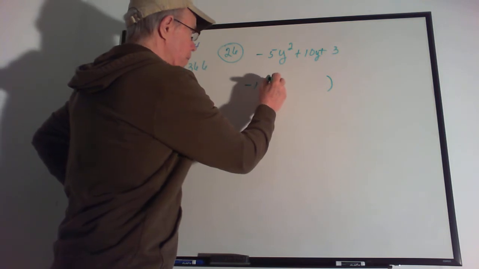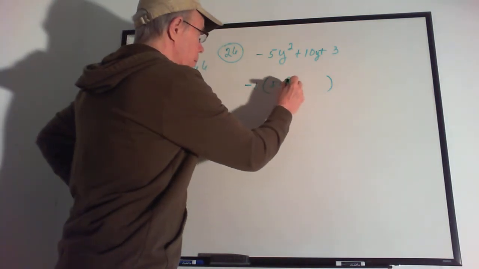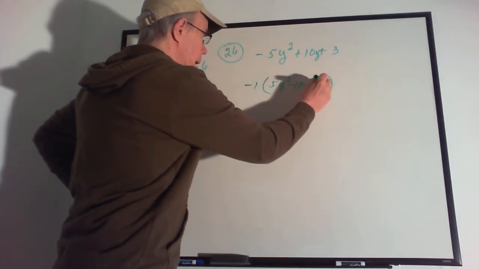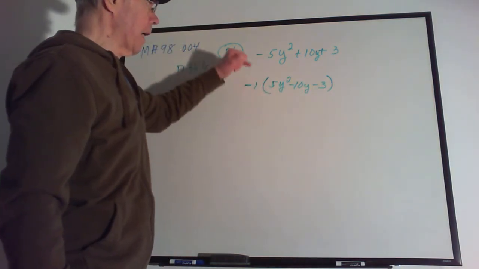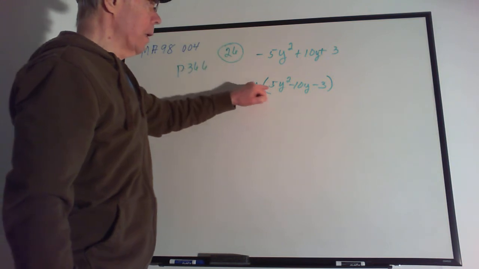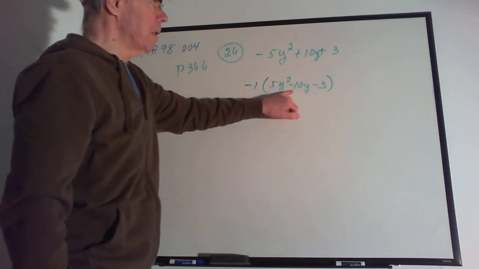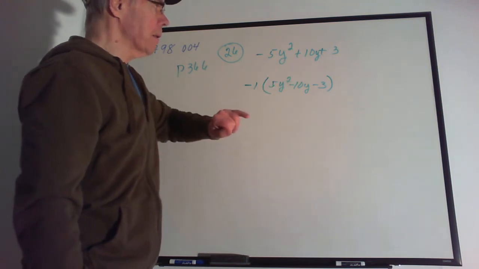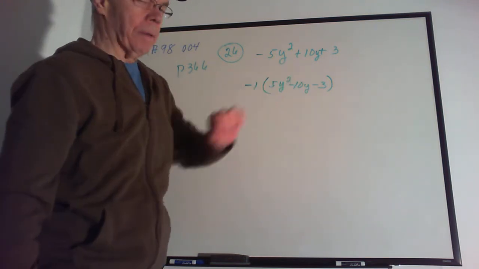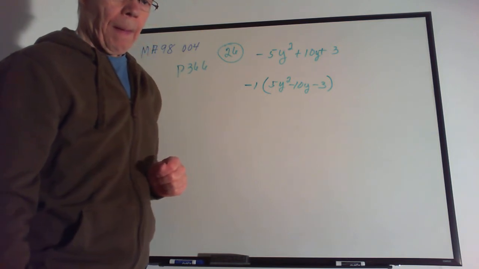Well, that's going to give me 5y squared minus 10y minus 3. Positive times a negative will give me a negative. 1 times 5y squared. A negative 10 times a negative 1 gives me my positive. Negative times a negative will give me my positive.